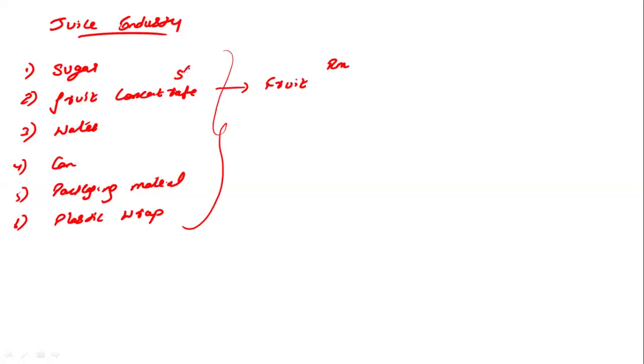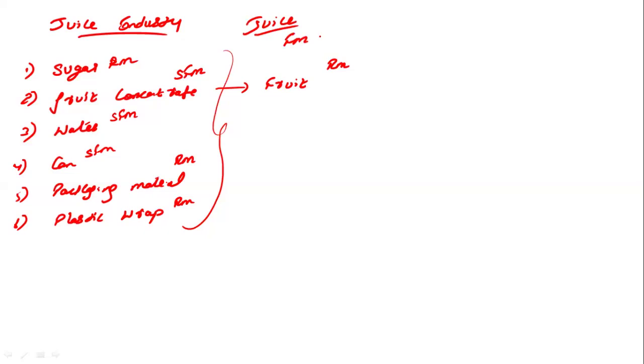This is your semi-finished material. Water is your semi-finished material. Can is your semi-finished material. Packaging material is a raw material. Plastic wrap is a raw material. Sugar is a raw material. Using these semi-finished materials and raw materials, you are getting a juice as an output. That is your finished material.